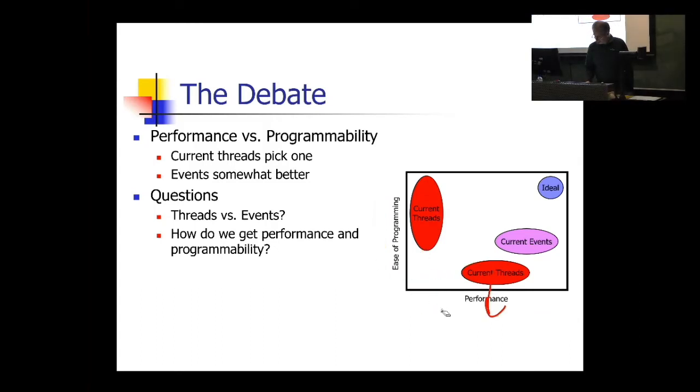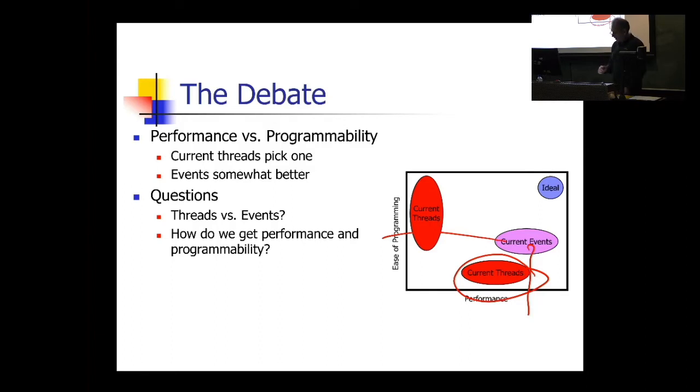Now, the claim at the time was that event-based models could give us better performance with an ease of programming that was easier than fine-grained threads. Better performance than fine-grained threads, and easier programming.